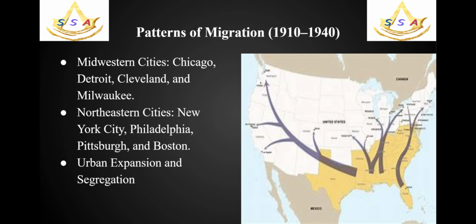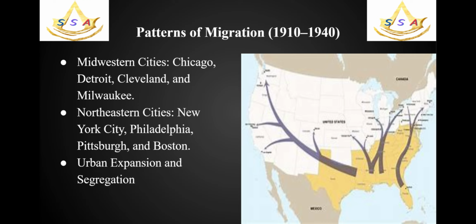These cities became major hubs. Chicago's Black population grew from 44,000 in 1910 to over 230,000 by 1940, and Detroit's Black population expanded from 5,700 in 1910 to 120,000 by 1940.